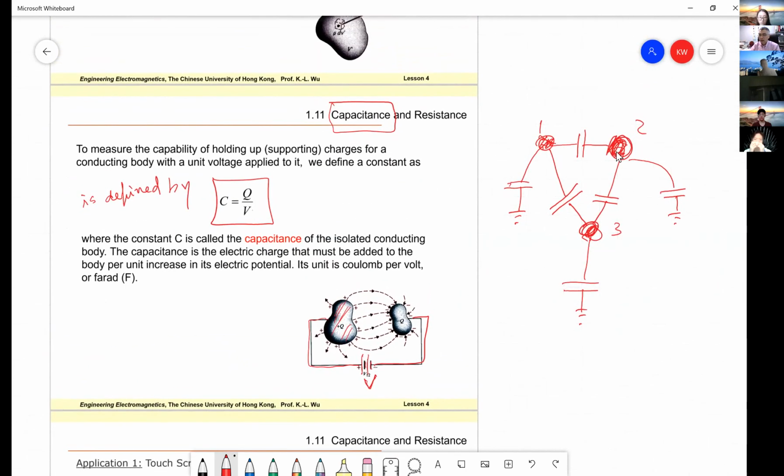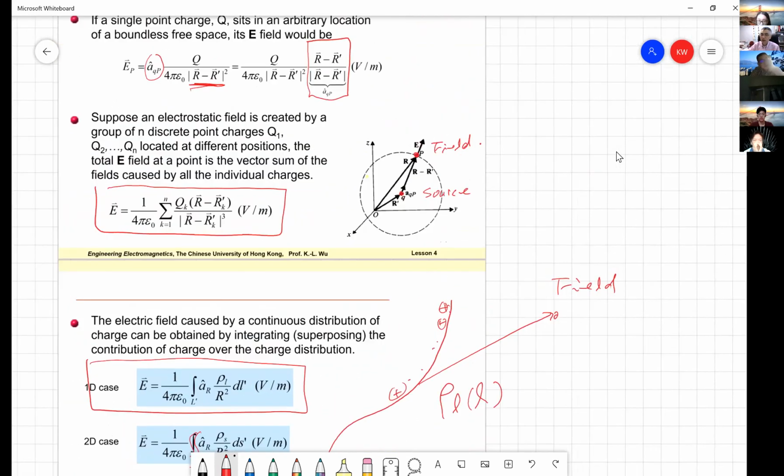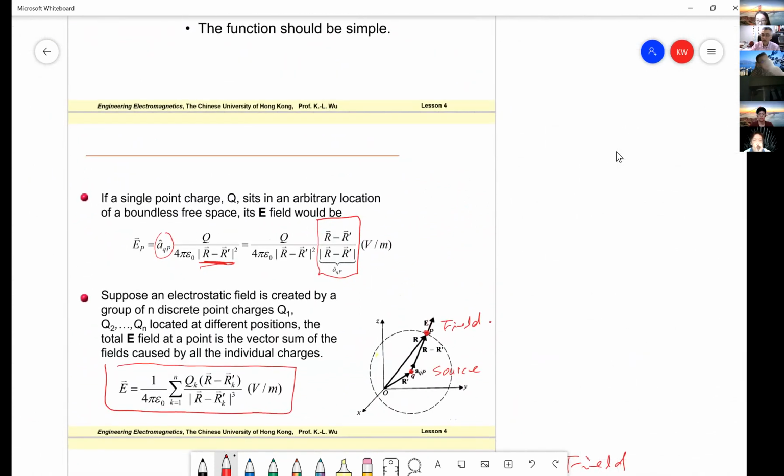You will say, hey, the definition is Q divided by V, so why is it independent of V? Let's look at this. V is the integral of the electrical field, the line integration, which we will cover later today.